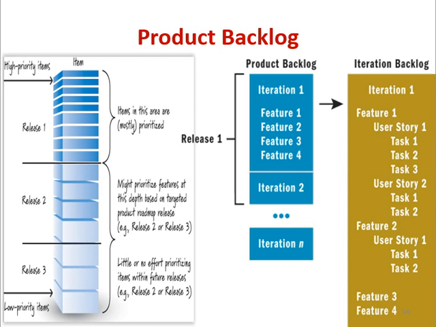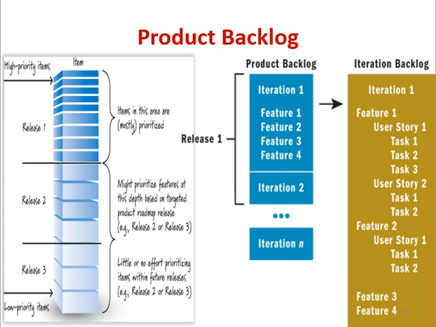So definitely release 1 will include the high priority items, release 2 will have the slightly lower priority items, and ultimately release 3 will include the low priority items. This is a kind of release planning, and if we magnify release 1, it will include iteration 1, and the product backlog will include feature 1, 2, 4, and subsequently we have release 2 until iteration n.